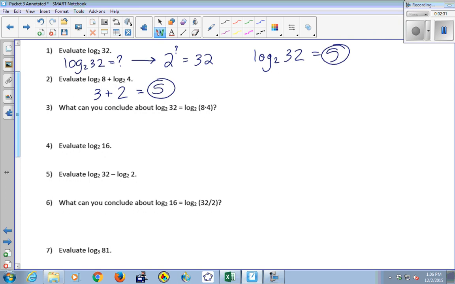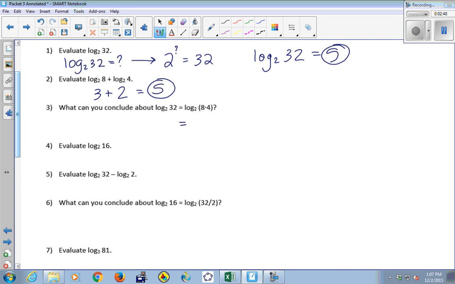How are 8 and 4 related to the number 32? They're factors. 8 times 4 is 32. All right, so what can you conclude about log base 2 of 8 times 4? They're the same thing, yeah.